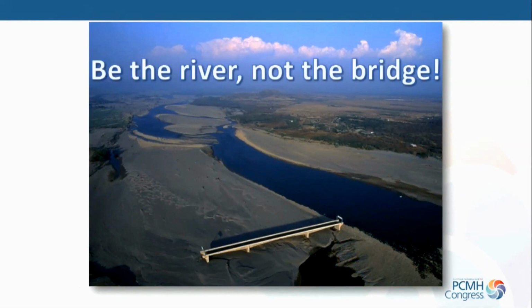Within the course of a few hours, the hurricane carved a new courseway for the river, rendering the bridge obsolete. Be the river, don't be the bridge. Carve a new courseway for your patients. Do things better for your patients. Make things better for your patients, for everyone else, and be willing to throw away the old way for it.